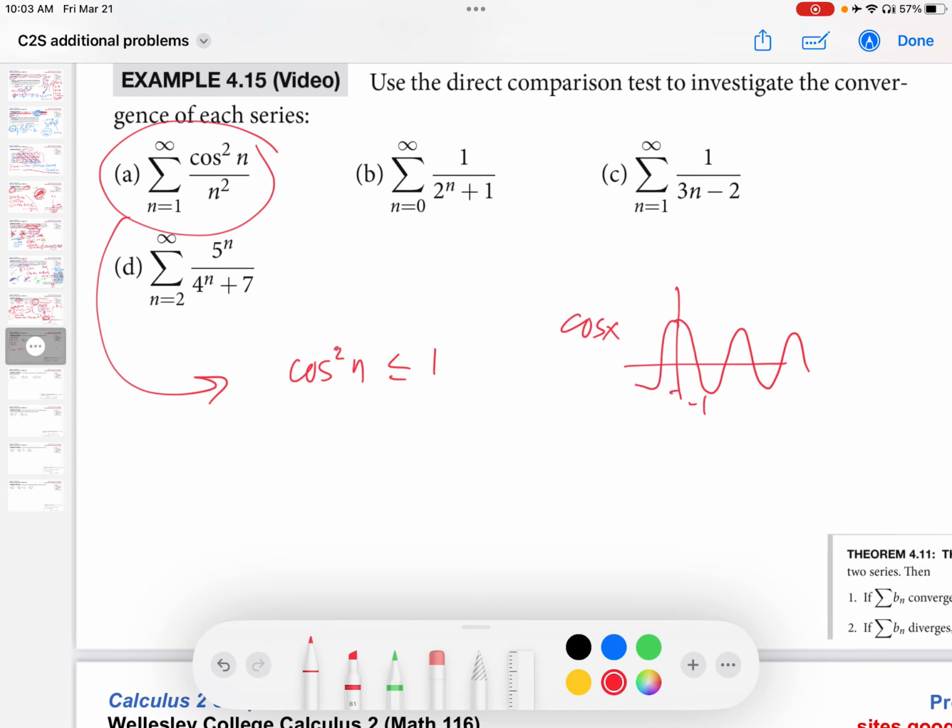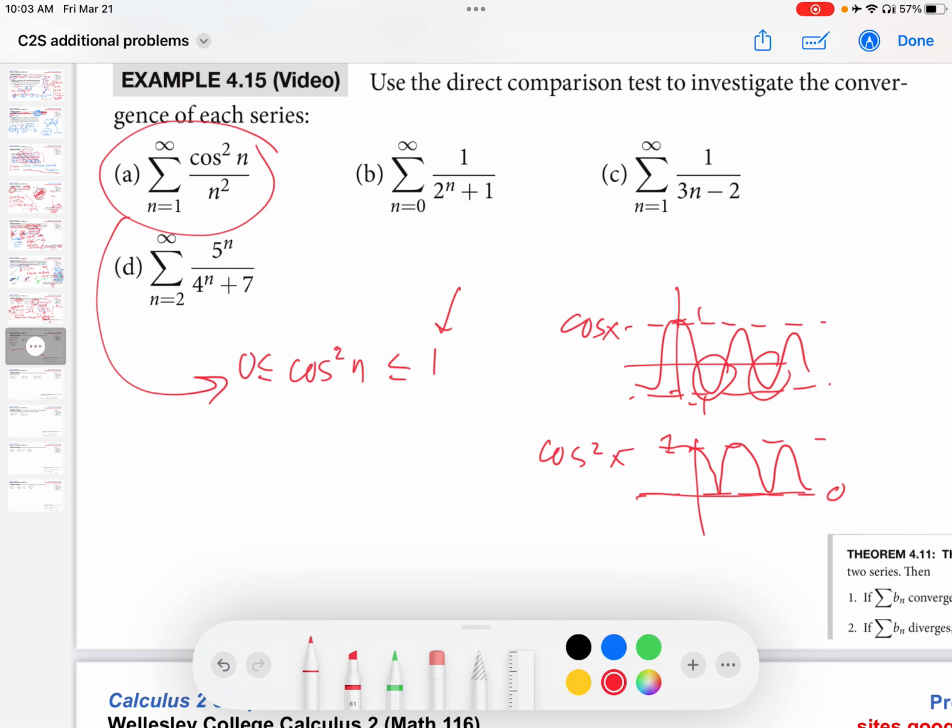The largest it ever gets is 1, the smallest is -1. If I square that, I'm making all the negative values positive, so the graph of cosine squared looks a little bit like that. Still, the largest value is 1, the smallest value is 0. That explains why cosine squared n is less than or equal to 1. It's also bigger than or equal to 0.